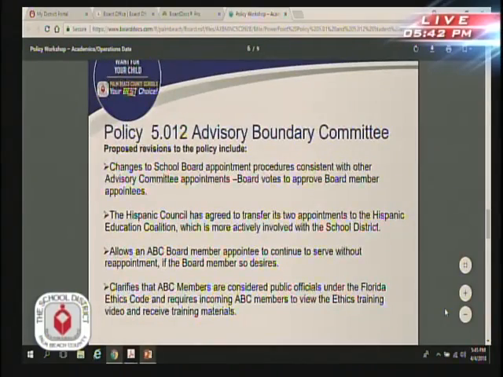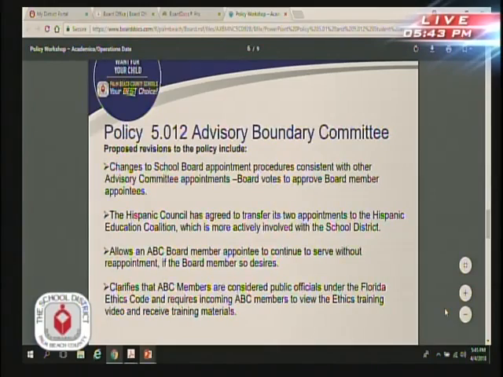With the help of OGC, we were able to update the board appointee process for the committee to be consistent with other advisory committees that you have. Specifically, all the school board appointees come to you as a group, and those are ratified by this body.